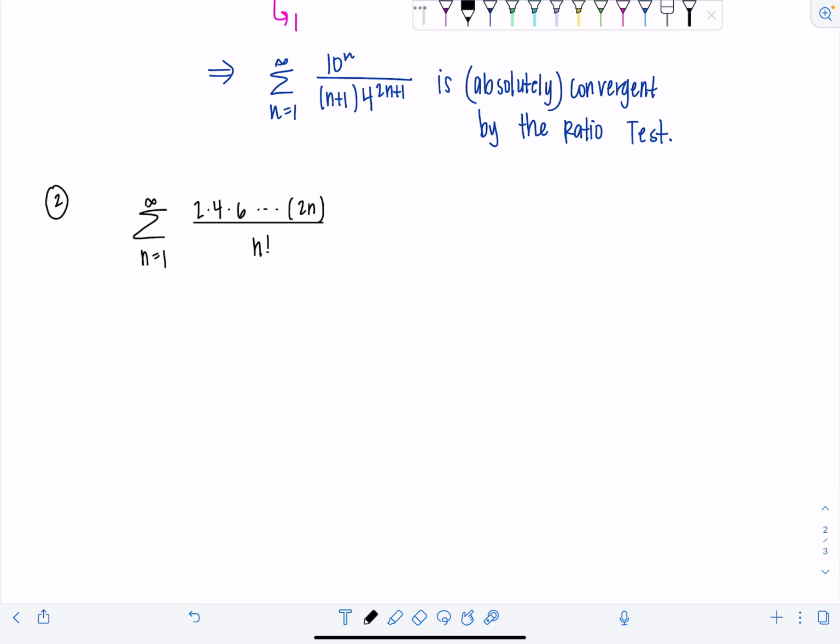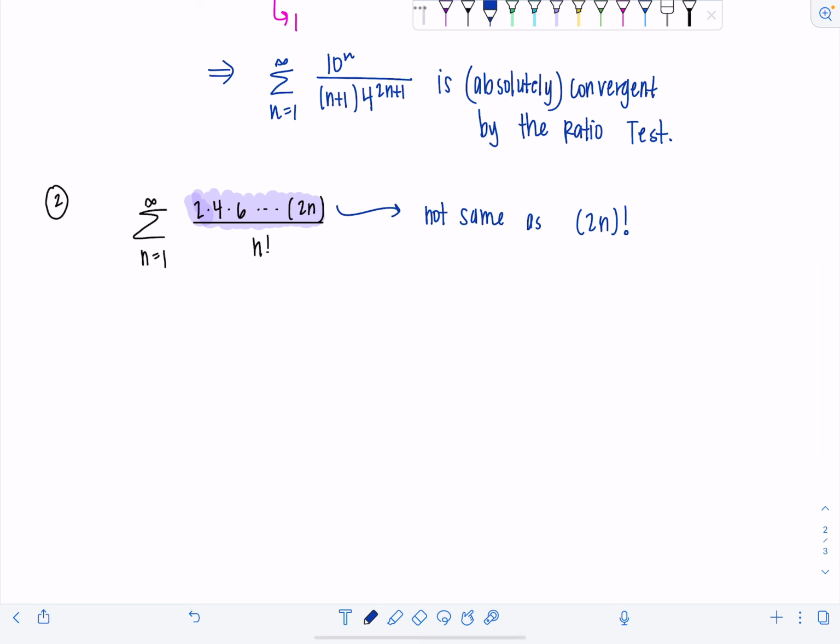So I want you to pay special attention to the numerator here. You notice how we only have even factors, 2, 4, 6, up until 2n. That is not the same as writing 2n factorial.